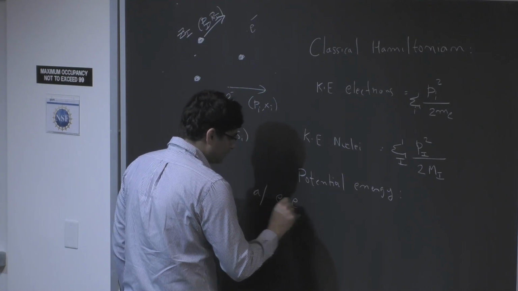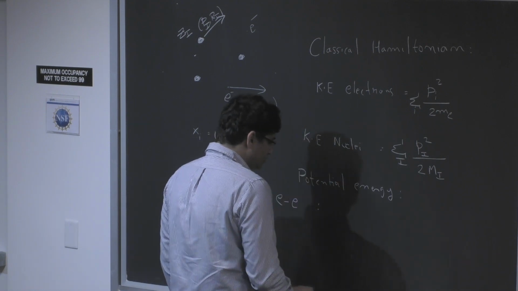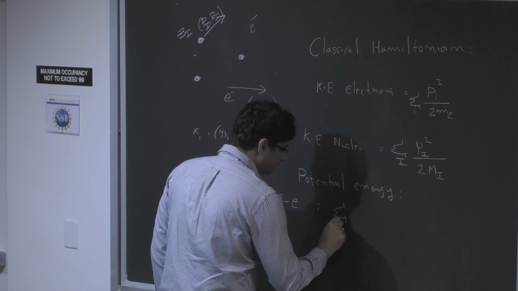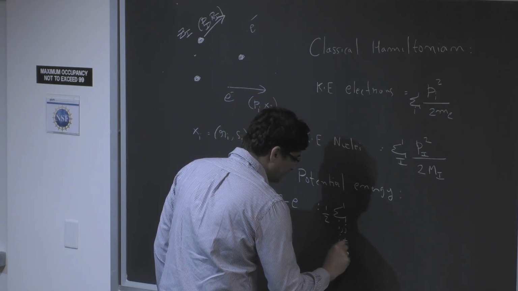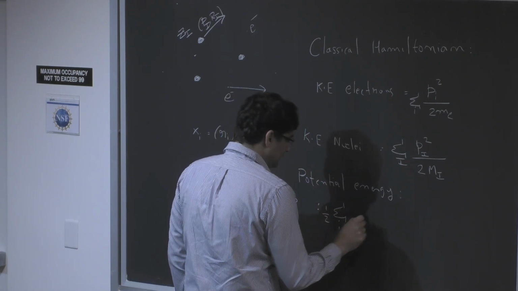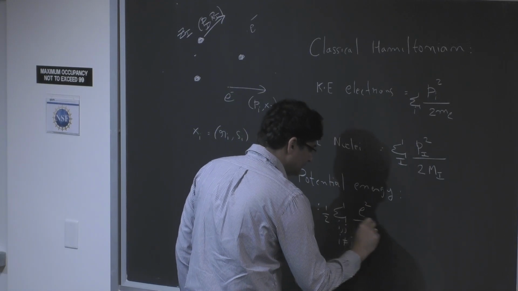One is the electron interactions, which are given by a summation over i, j, i not equal to j.